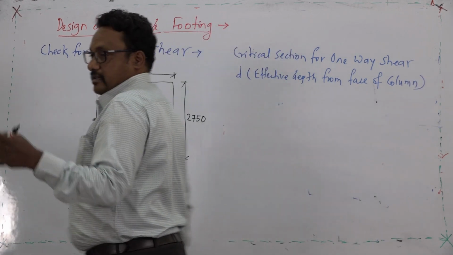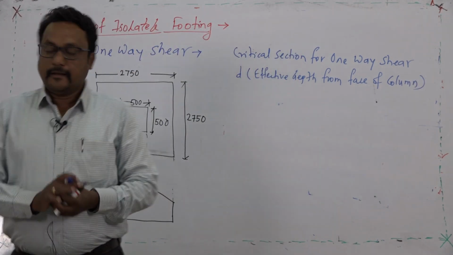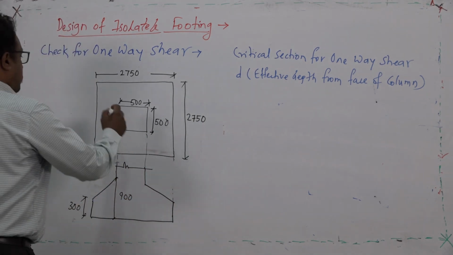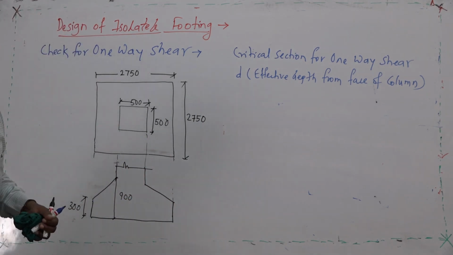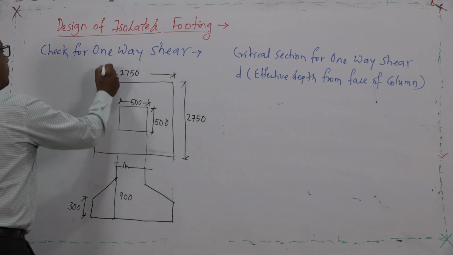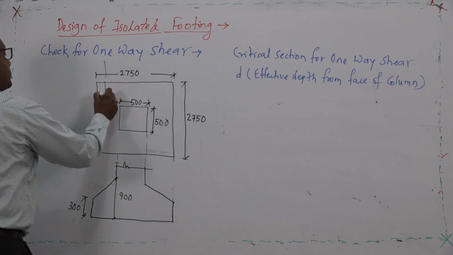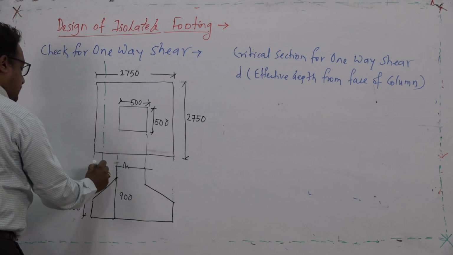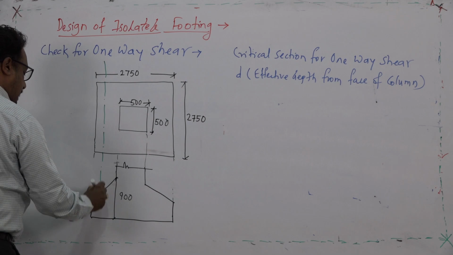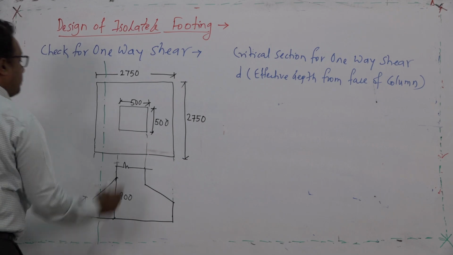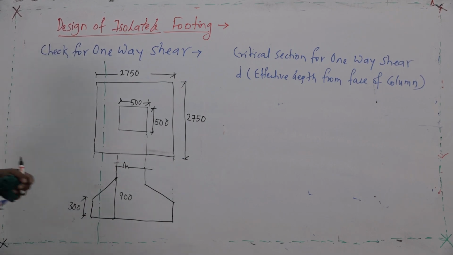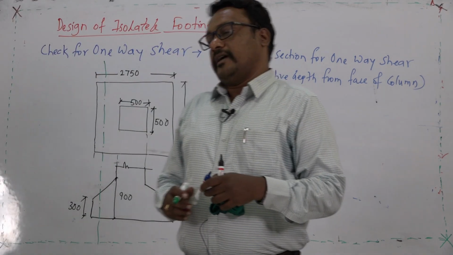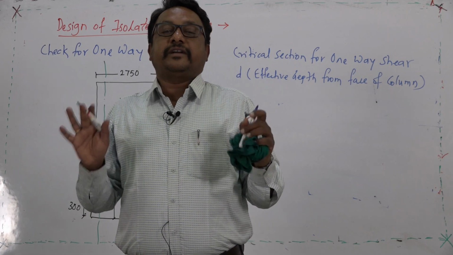In our case the effective depth was, so we are supposed to locate a point here like this. This is where the critical section will lie from the face of column. The overall depth is 900 mm, and we are supposed to deduct 78 mm.